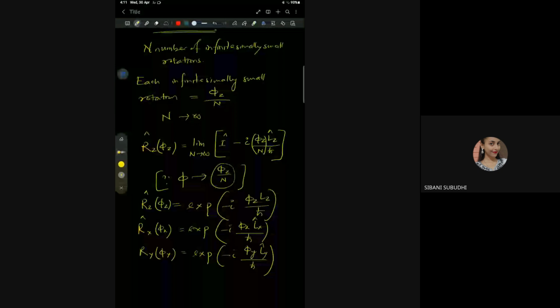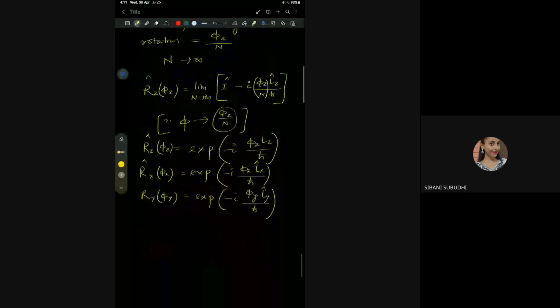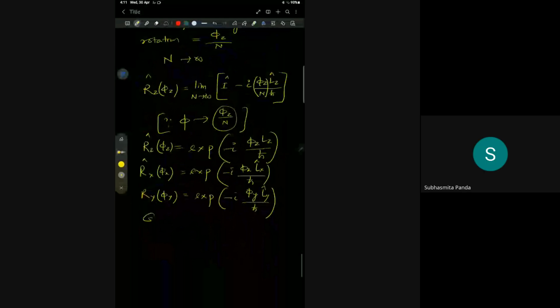So if we want to write the generalization, what exactly will we write? Rn of phi, where n is the direction, would be equal to exponential minus i phi L dot n cap by h cross.